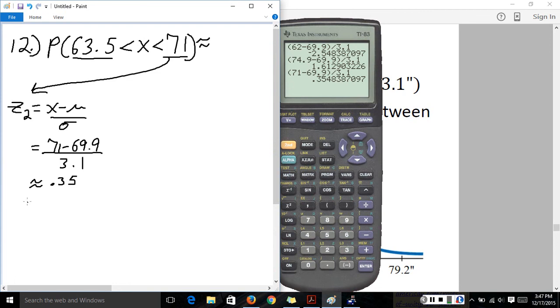That's one z-score. All right, let's find another one. Z sub 1.